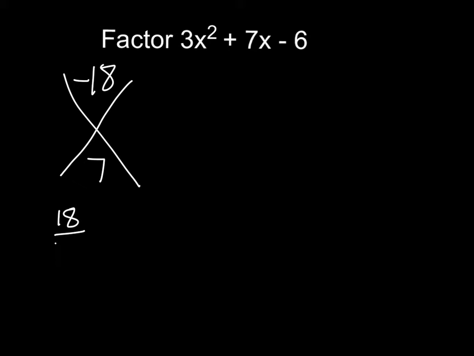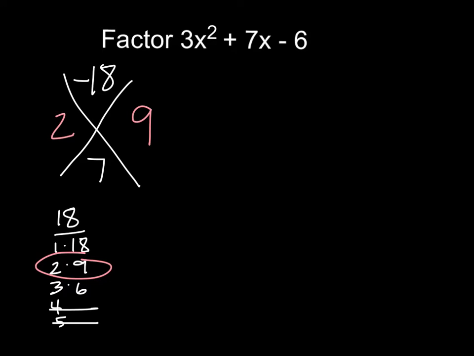If you're not sure, make the factor pairs list for 18. So 1 times 18, 2 times 9, 3 times 6, and then 4 doesn't work, and 5 doesn't work. So here are our sets. The only way I can get 7 is if I use 2 and 9.